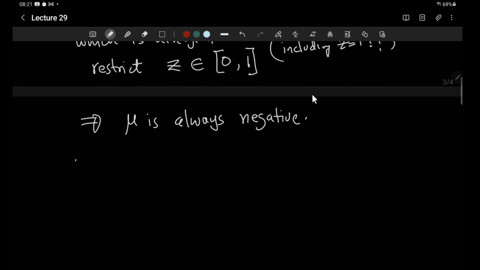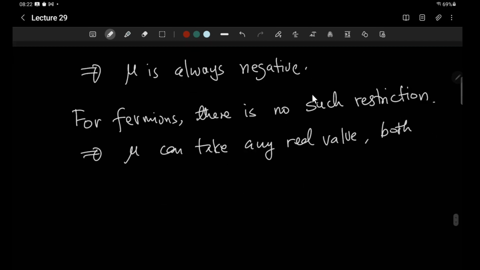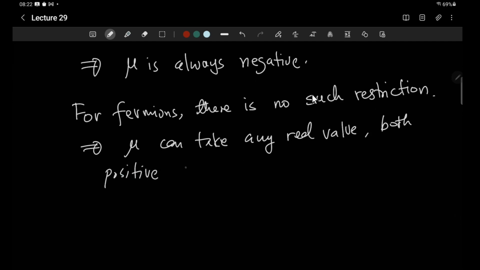Now let's look at fermions. There is no such restriction, which implies that mu can take any real value, both positive and negative.